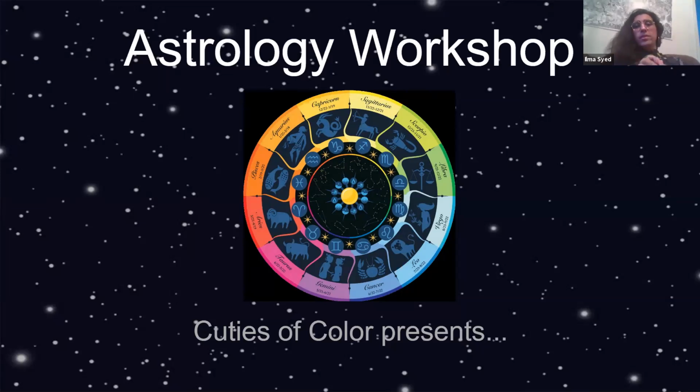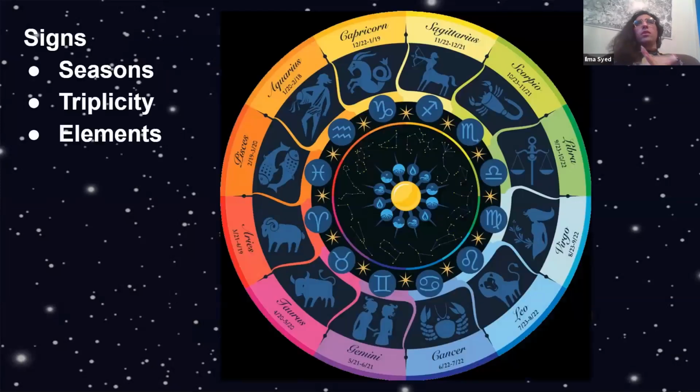Some of the biggest divisions that we use to understand the patterns of how the signs operate in the way they do are the seasons, triplicities, and elements. Some things to know prior to that: the reason the signs are given the pattern they are in terms of the seasons, triplicities, and elements is mostly because of early agriculture, where astrology first originated.